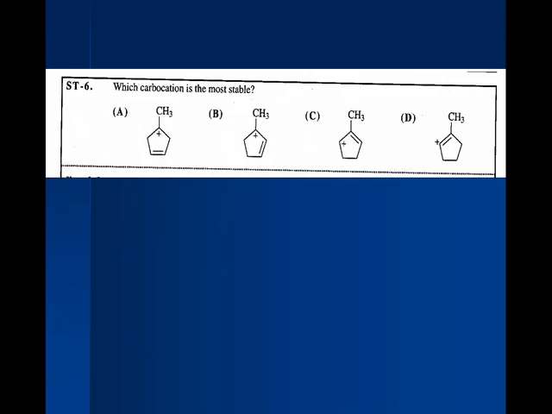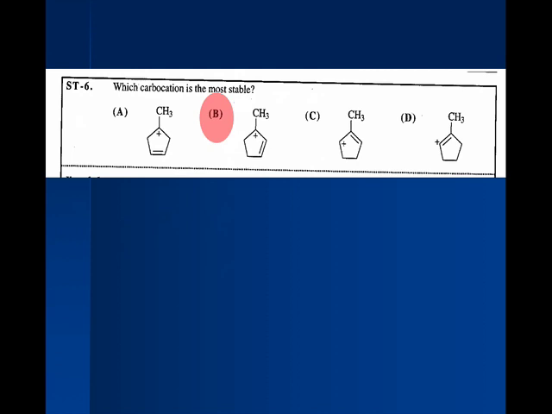Okay? So, given what we've been talking about, which carbocation in the list here is the most stable? It is B. Why is it B? It's tertiary and allylic. We have resonance, exactly right.